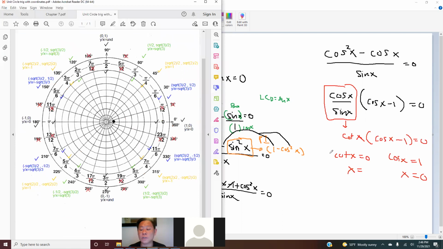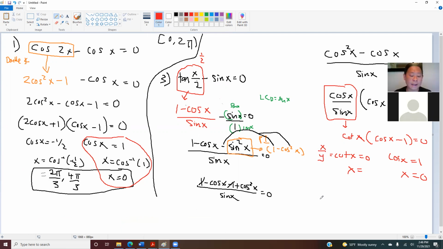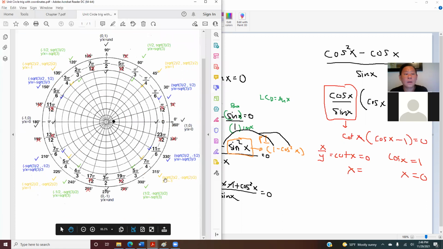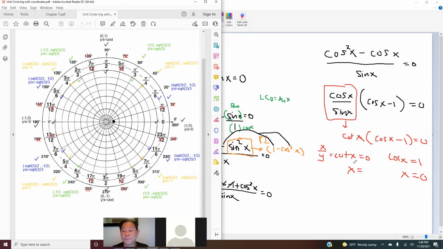Don't forget, cotangent is cosine over sine, which is x over y. So look at your x over y in your coordinates here. So which one gives us 0? Anyone? It's going to be on your xy axis here. It is 0, pi over 2, pi, or 3 pi over 2, one of those. Which one gives me 0 here?